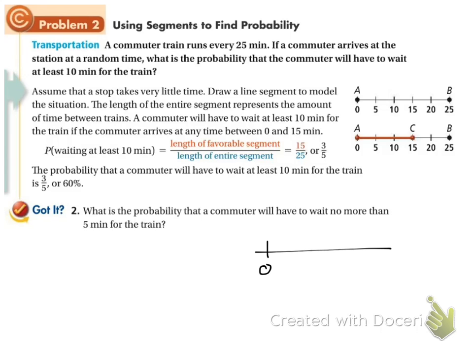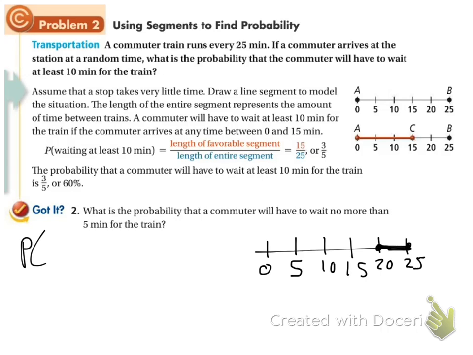So I'm going to make my number line just like they did, going up to 25 because that's when the train comes, right? So if the train comes right here, if I show up at 20 or anywhere in between there, I will have to wait no more than 5 minutes.